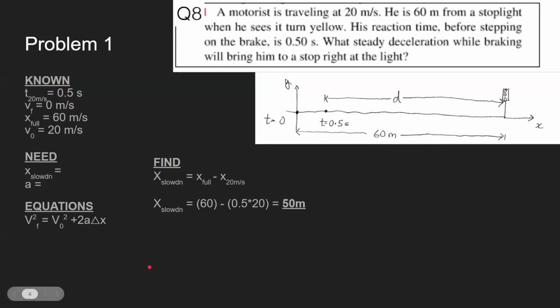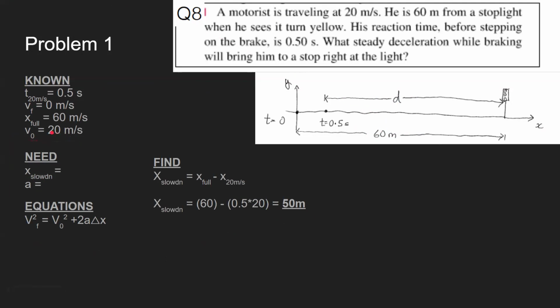But to find the distance that he slows down, it's going to be the full distance minus the distance that he goes going 20 meters per second. The full distance is 60, and how far does he go when he's going 20 meters per second?